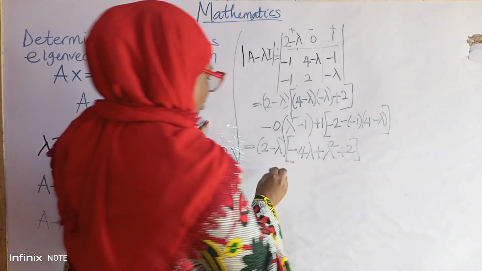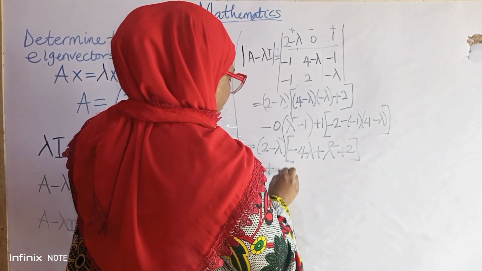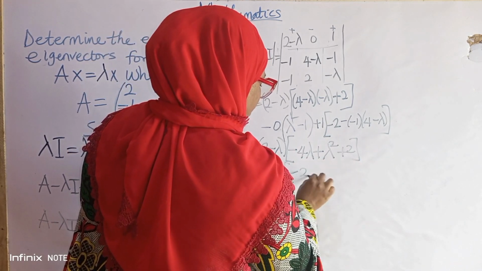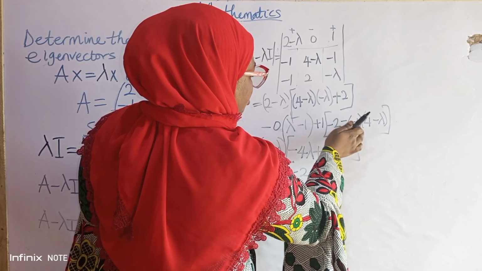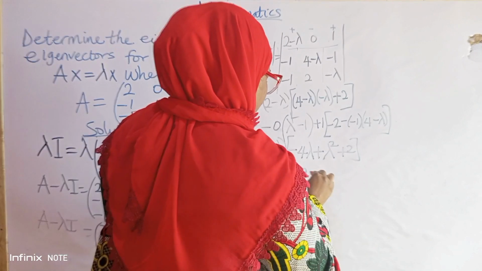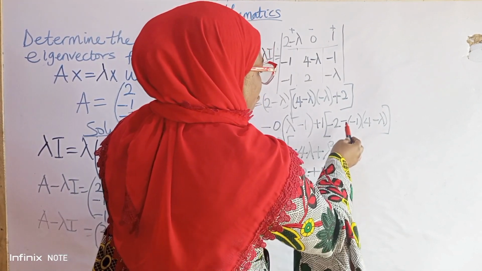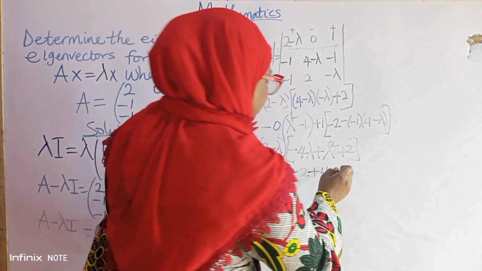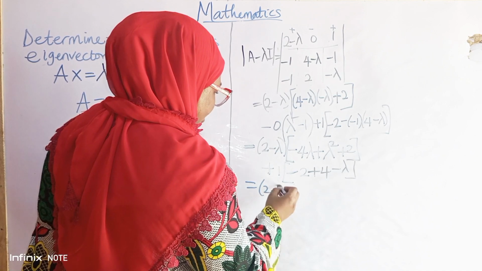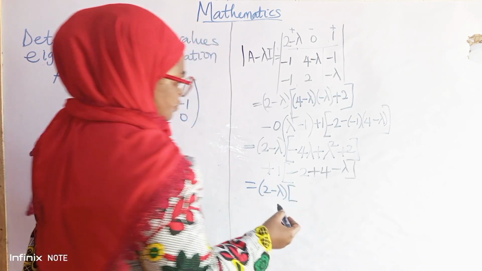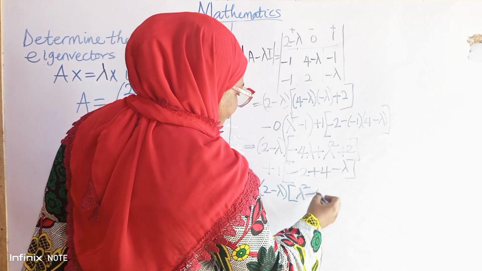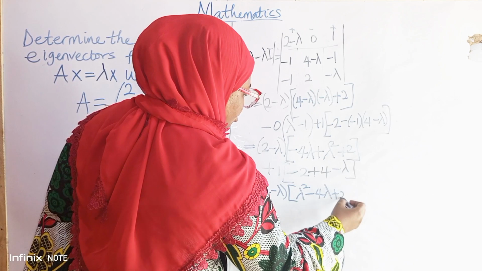So I have plus 1 into brackets. Here I have minus 2, then minus 1 multiplied by minus 1 is plus 1, plus 1 multiplied by 4 is plus 4, then plus 1 multiplied by minus lambda is minus lambda. Let's rearrange: we have lambda squared minus 4 lambda plus 2.